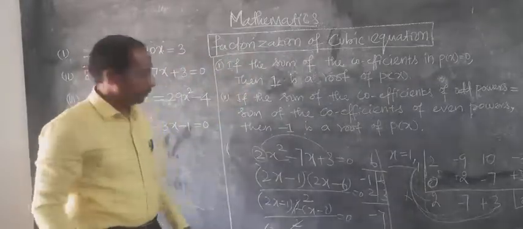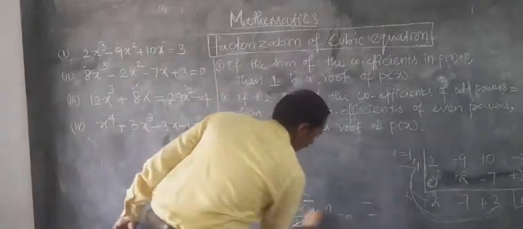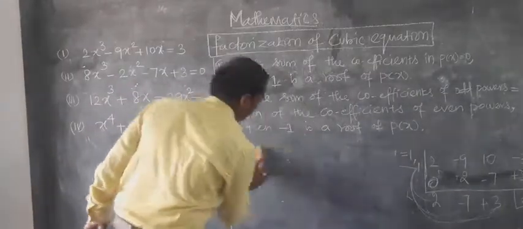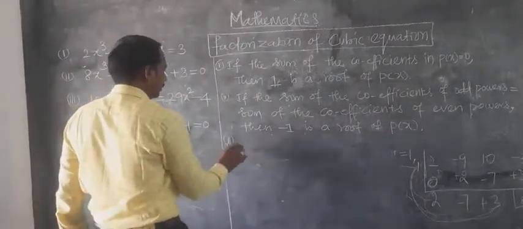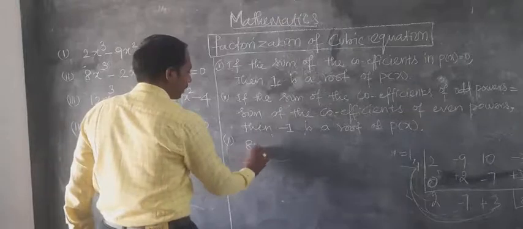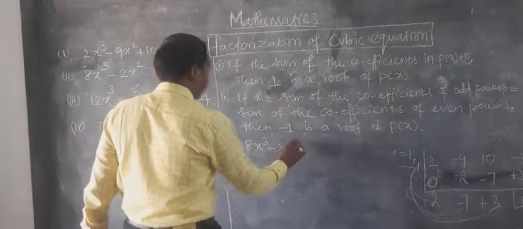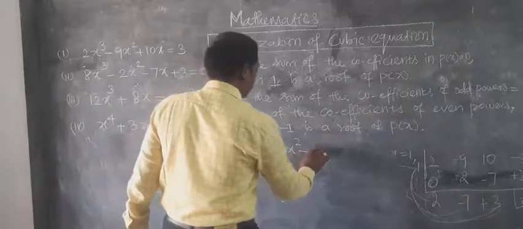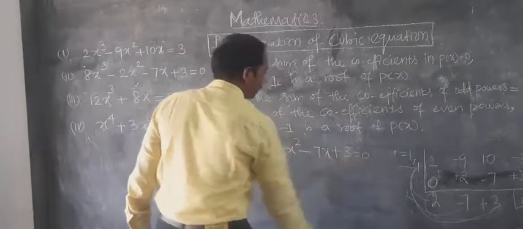So next problem. Second one, 8x power 3 minus 2x square minus 7x plus 3 equal to 0.